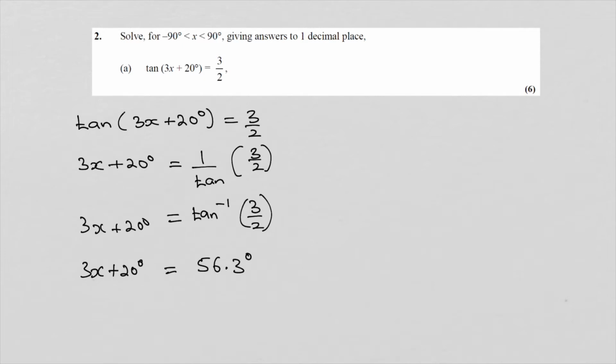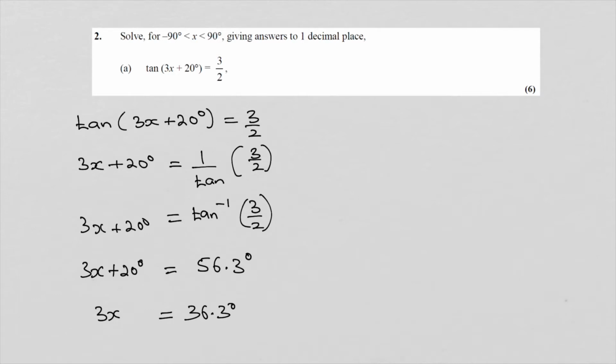Take away 20 degrees from both sides, 3x will be equal to 36.3 degrees. So we have to find the angles for 36.3 degrees from the range of minus 90 degrees less than x less than 90 degrees.